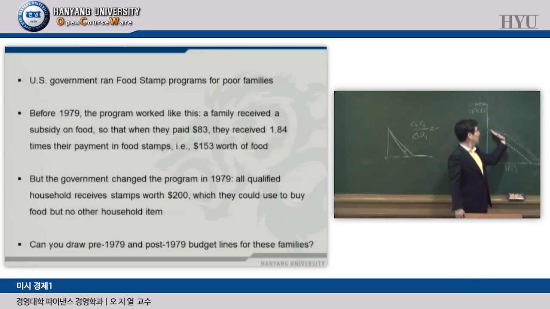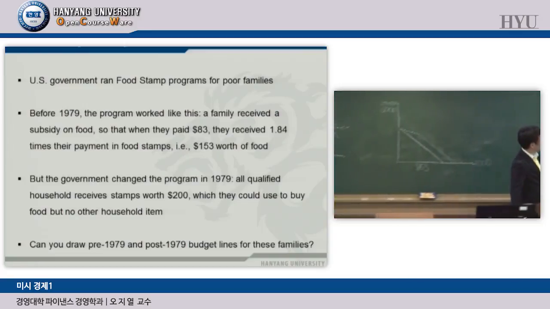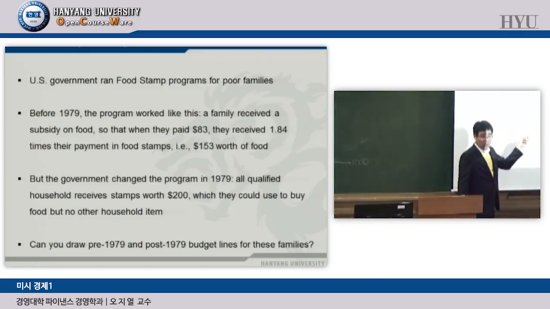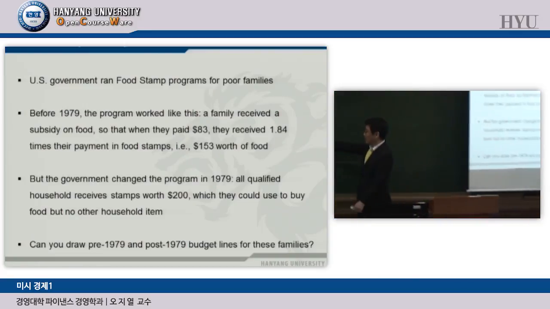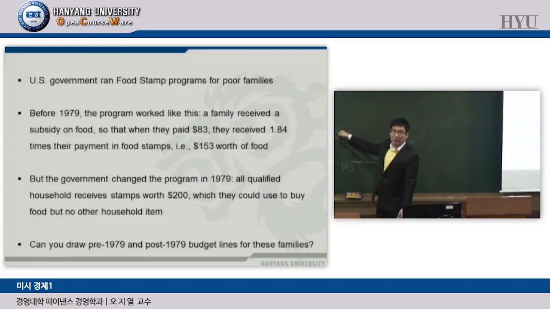That's why the slope is shallower. 그러니까는 이제 요 기울기가 더 얕겠죠. But once you reach your maximum amount of food stamp, $153, after that, your subsidy means nothing because you've used up your maximum amount of subsidy. So from that point onwards, your budget works exactly like this. Okay?